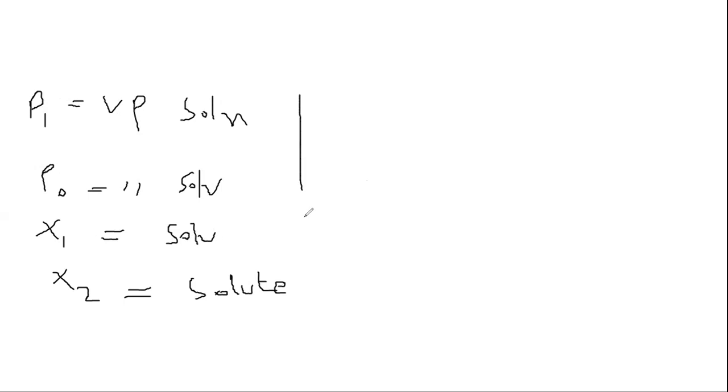What is happening here, as explained before, is that the vapor pressure of the solution, or the solvent in solution, is directly proportional to the mole fraction of the solvent. So the more solvent, the more vapor pressure.